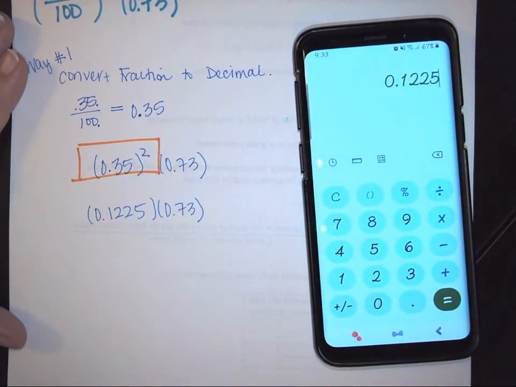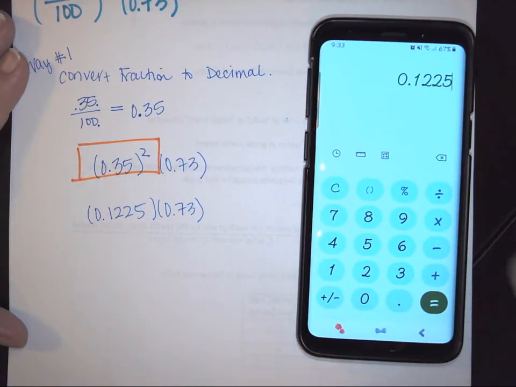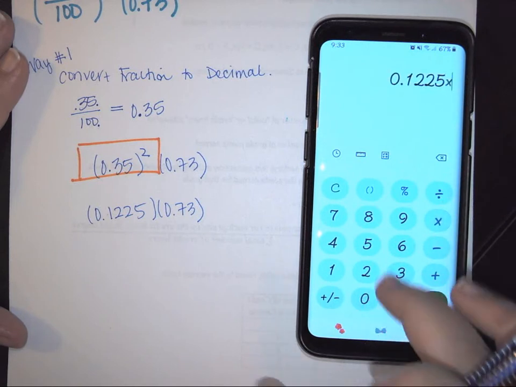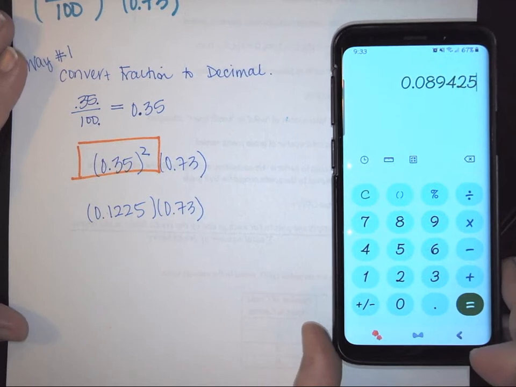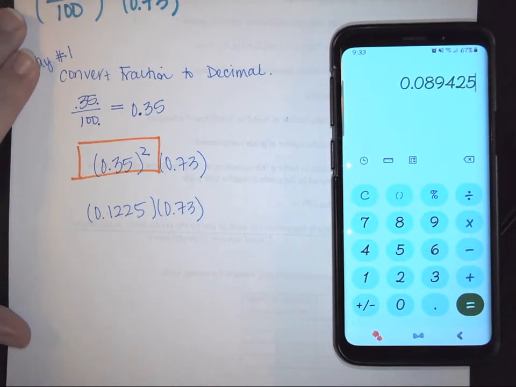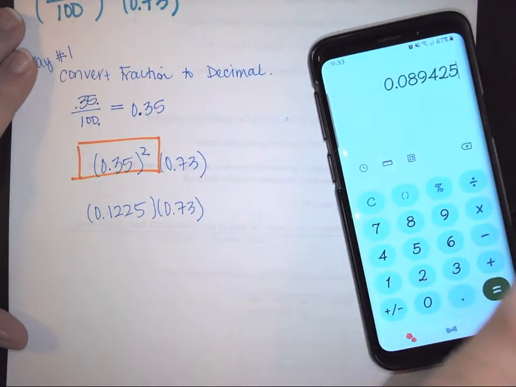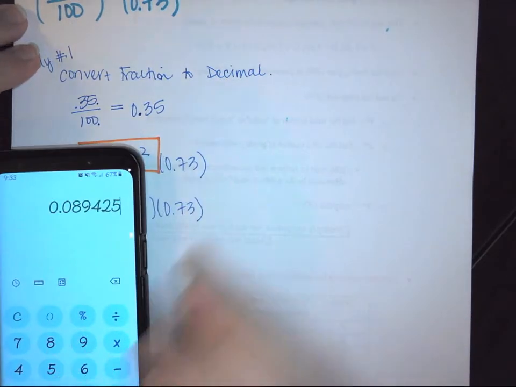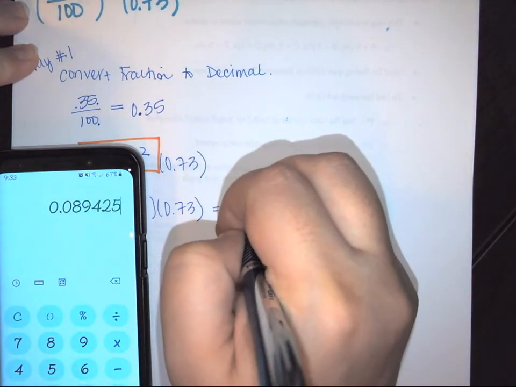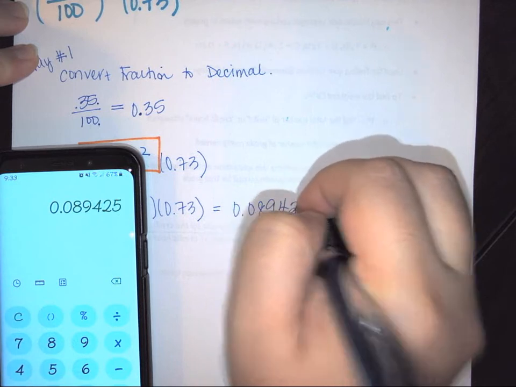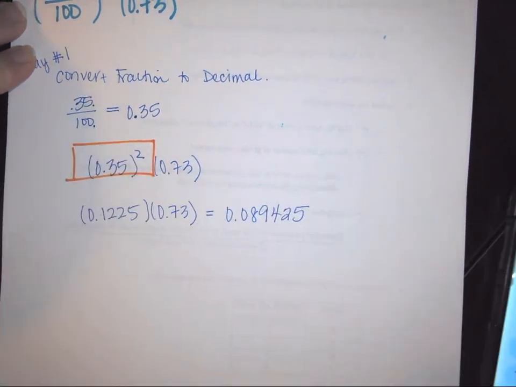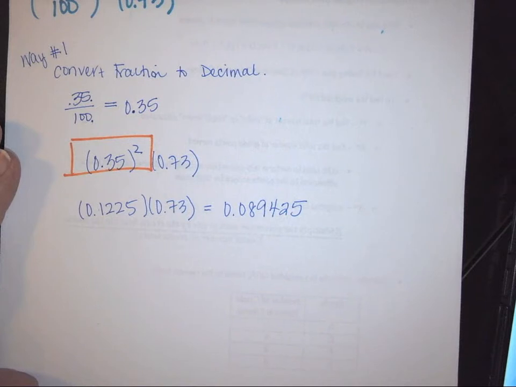There are no other operations left to do, so we're going to multiply that by 0.73, which is going to give us 0.089425.